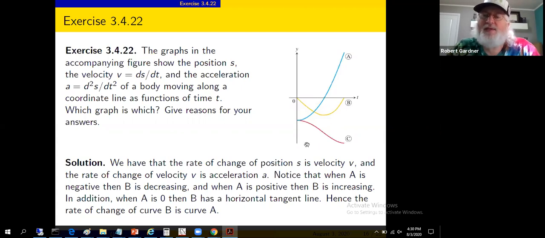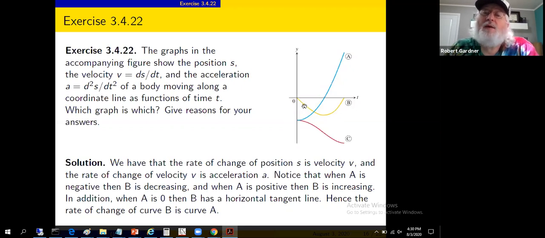What do you notice about C? How about this? It's always decreasing. It's always going downhill, except maybe right at the endpoints. It looks like it's got horizontal tangents maybe at the endpoints, but other than that, it's going downhill. So the derivative of C would always be negative. Look at this. B is always negative.